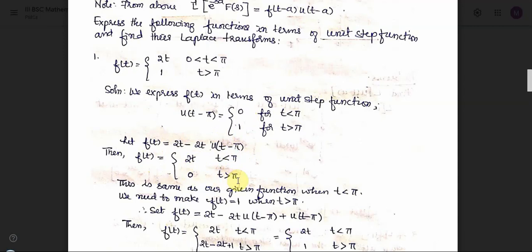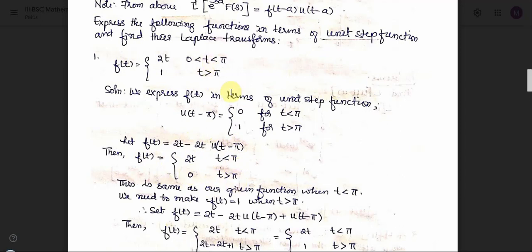If t is greater than pi, then this function is going to be 1, so that it is 2t minus 2t into 1, therefore 2t minus 2t becomes equal to 0. Therefore, the new function I have defined is this: f of t is 2t when t is less than pi and 0 when t is greater than pi.